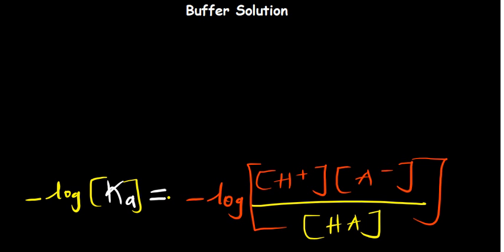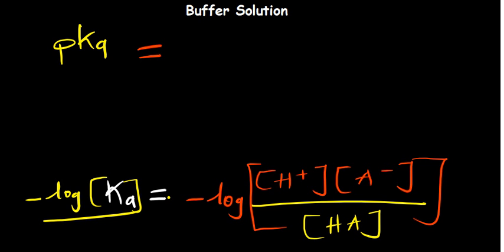At this point, there is something very important. Every time you have the negative log of Ka, what is that called? This is called pKa. So pKa is the negative log of Ka. I'll write that, and it is equal to, and now we split what we have on our right hand side.